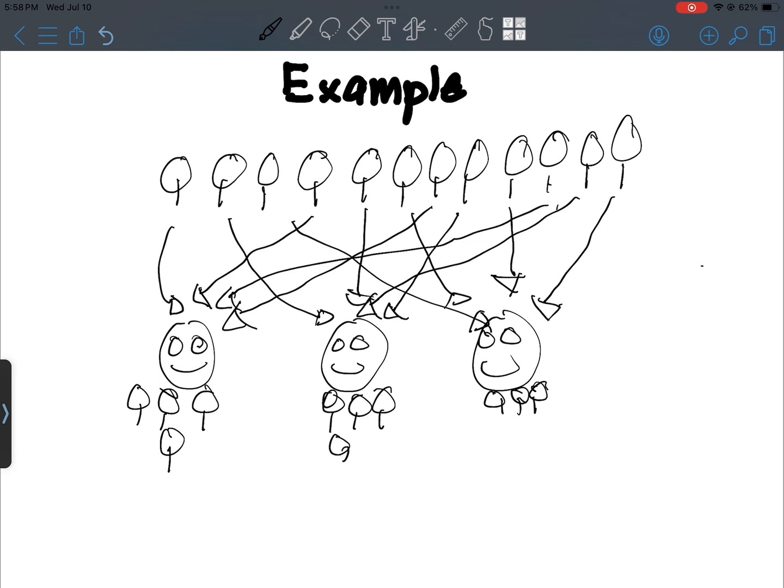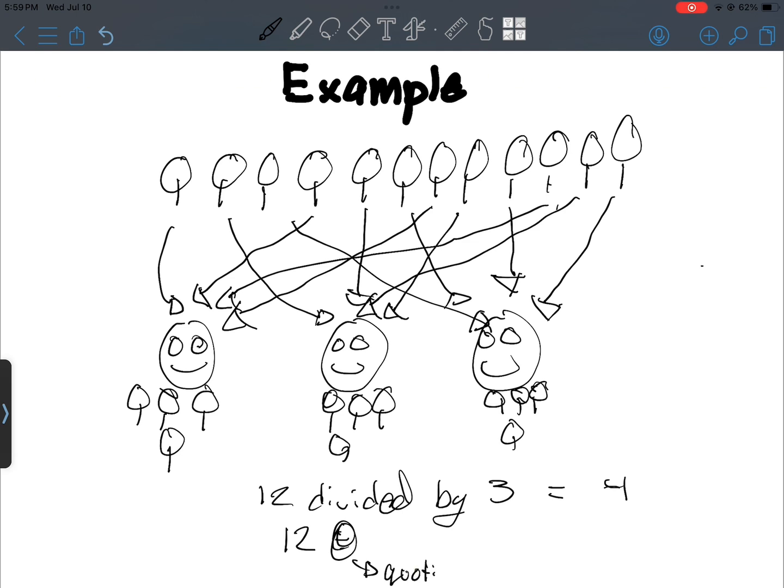That means 12 divided by 3 equals 4. Now, to write that mathematically, we would do 12 divided by 3, and that is the quotient, by the way.